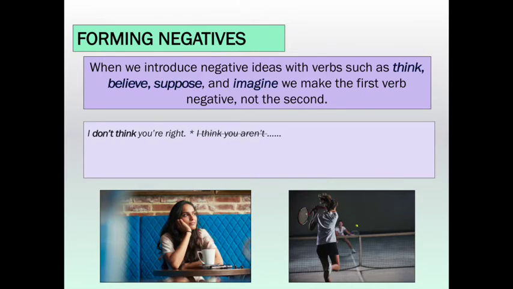We could say, "I don't think you're right." You should not say, "I think you aren't right," because the negative goes on the first verb. Another example, "I don't suppose you want a game of tennis." Not, "I suppose you don't want."